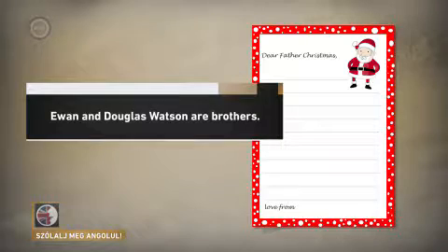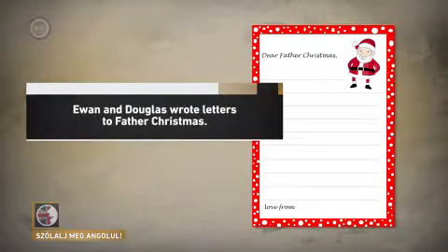Let's look at a sentence together. Ewan and Douglas Watson are brothers. Ewan and Douglas wrote letters to Father Christmas. Now, when we look at the second sentence, there's not a lot of information, is there? But if we add a couple of adverbs, we can provide much more information with just a couple of extra words.